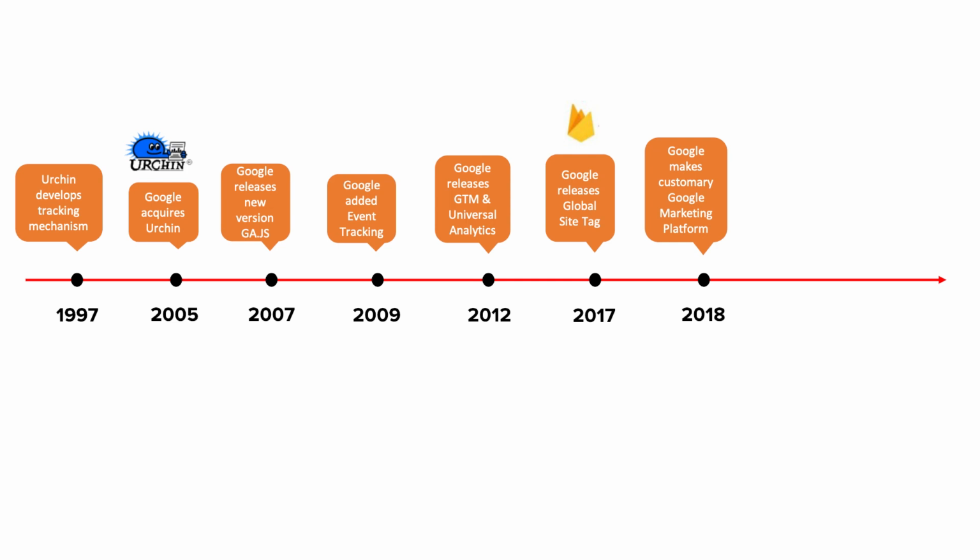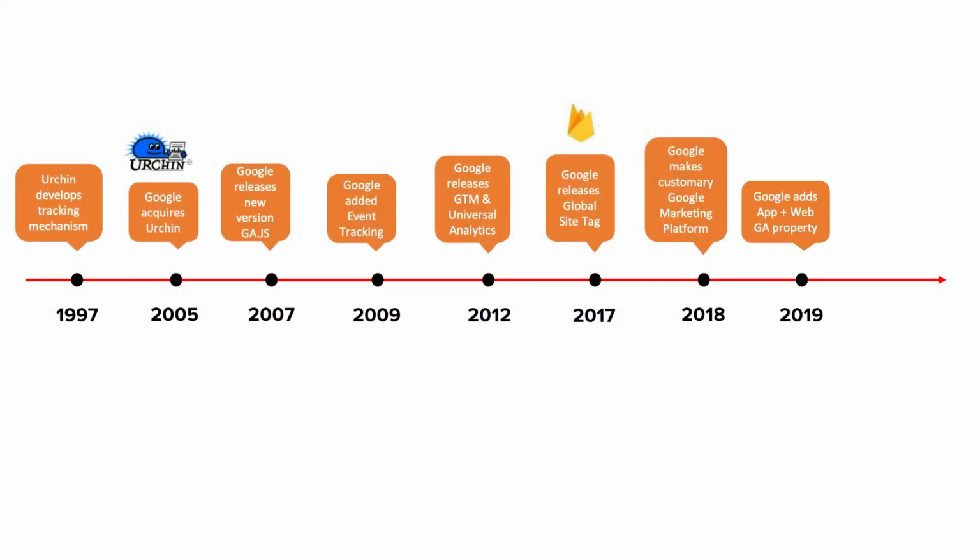Google has been bringing all their products, which were earlier in silos, such as Google Ads, earlier known as AdWords, DV360, DCM and BigQuery, under one platform, Google Marketing Platform. They released gtag as well, the global site tag, which is the same set of rules for all the different products, whether AdWords, DV360 or Analytics.